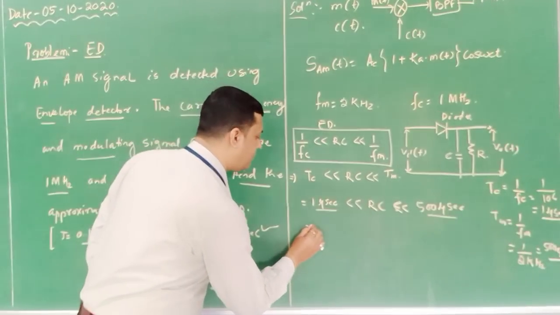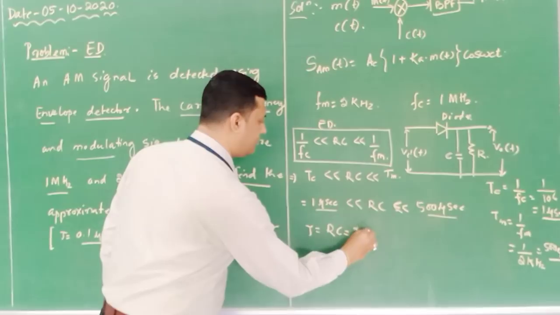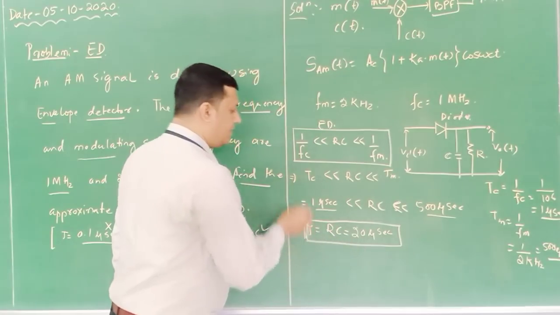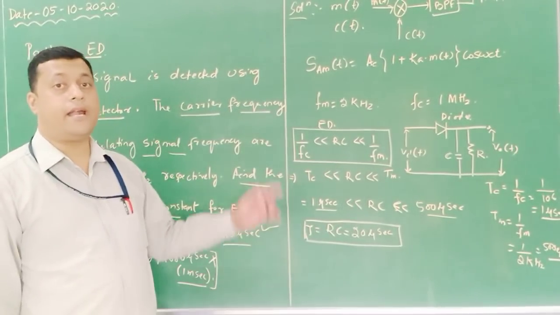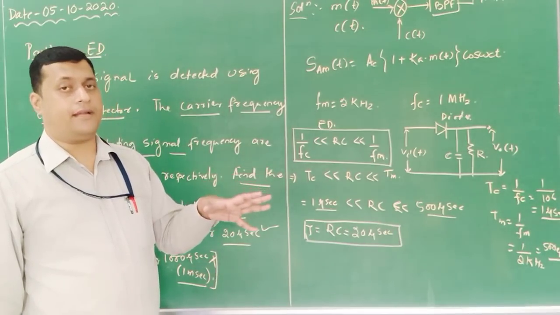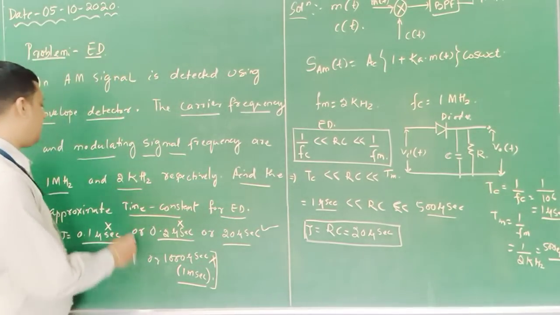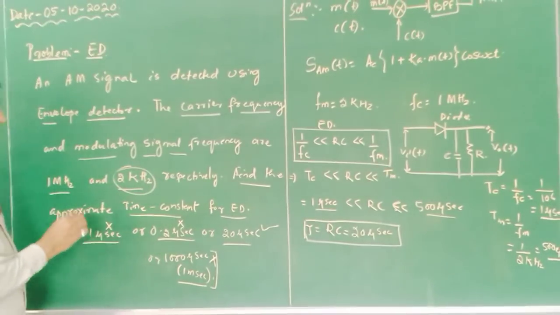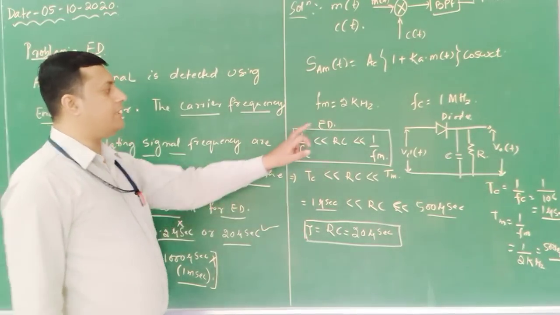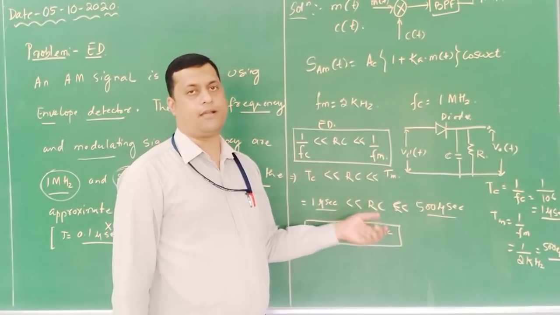So what is our time constant? Time constant tau is equal to RC is equal to 20 microsecond. So this is the time constant for my envelope detector. If the detector identifies a modulated signal in which the modulating signal frequency is 2 kilohertz and the carrier is 1 megahertz, then the time constant of the envelope detector, this RC, must satisfy this range, so 20 microsecond.